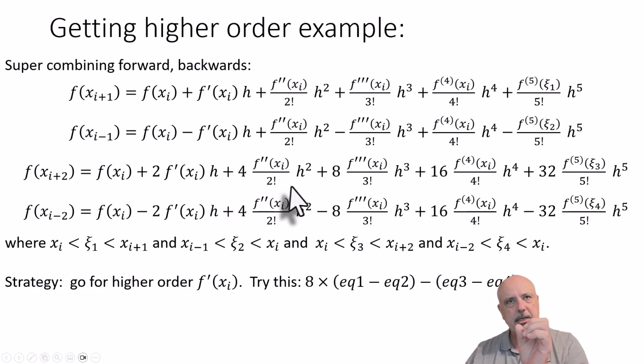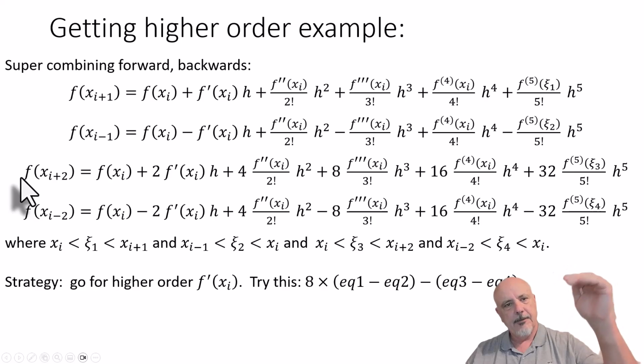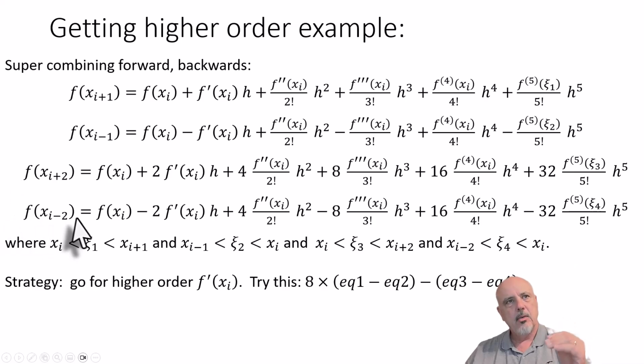Since it's squared, it's going to be 4h squared. 2h cubed is going to be 8h cubed, 16h to the fourth, 32h to the fifth, because 2 to the fifth is 32. So that's a double step forward. A double step backward would be the same kind of thing, but again alternate the minus signs on the odd derivatives or odd powers of h.